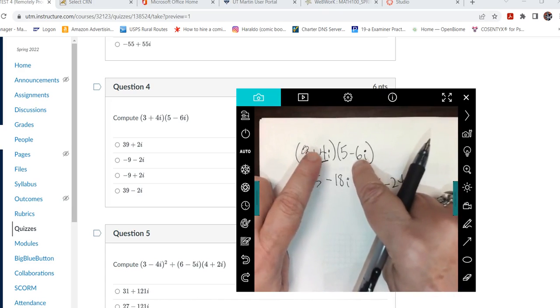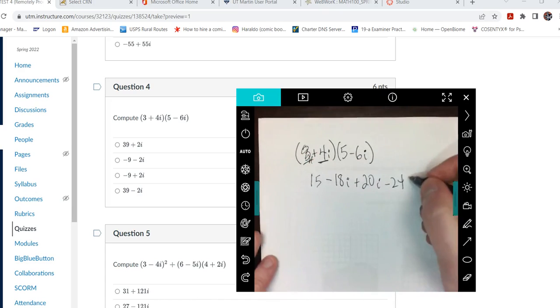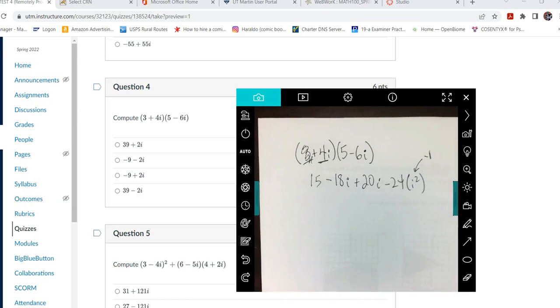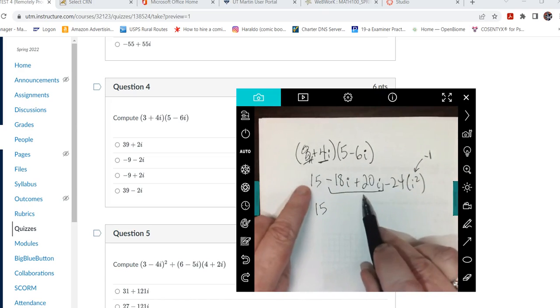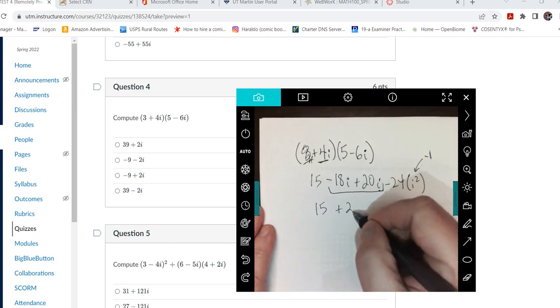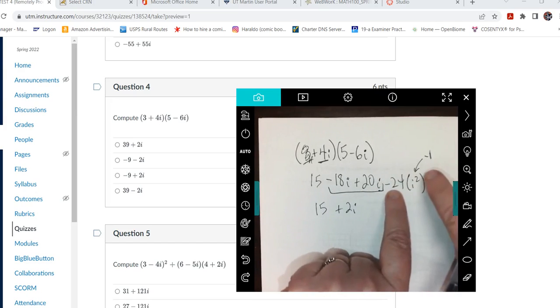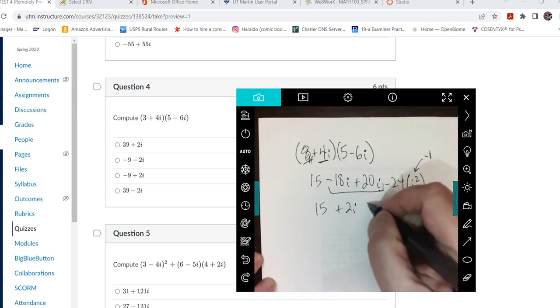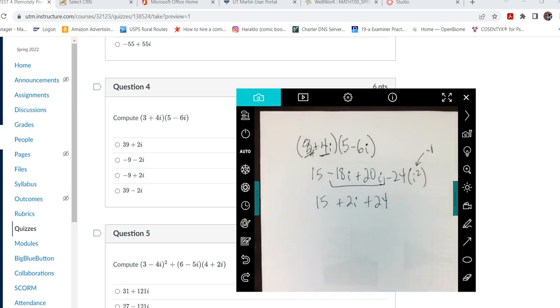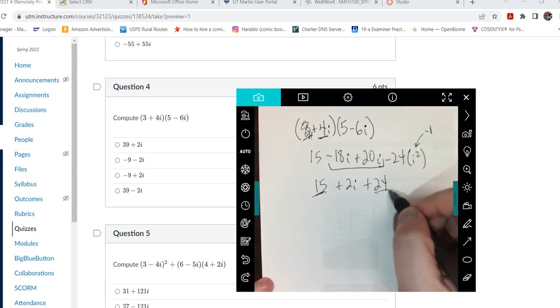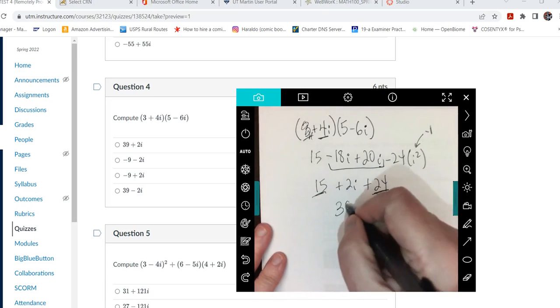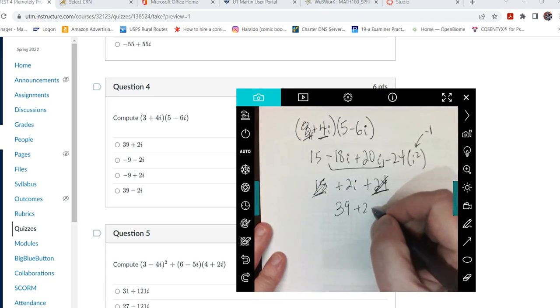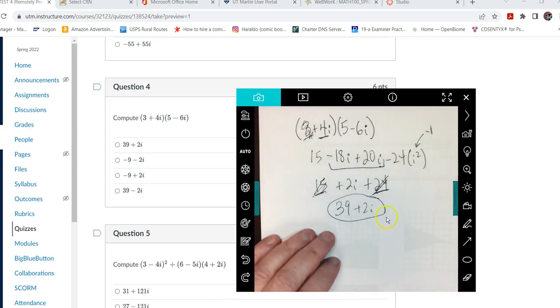Okay, negative 4 times negative 6 is negative 24, and then times i squared. Now, the number inside there, that's equal to negative 1. So I'm going to have 15 plus 2i, and then negative 24 times negative 1. And when I add these two together, I'm going to get 39. So that's my answer for that one.